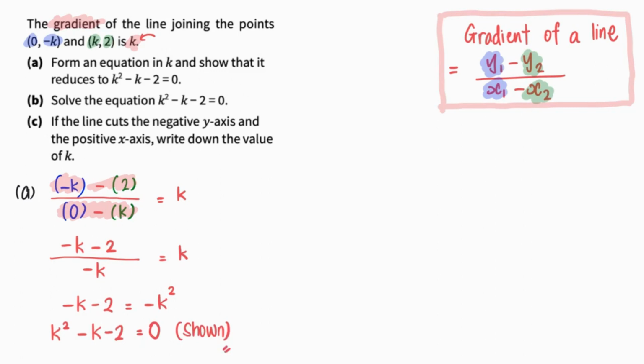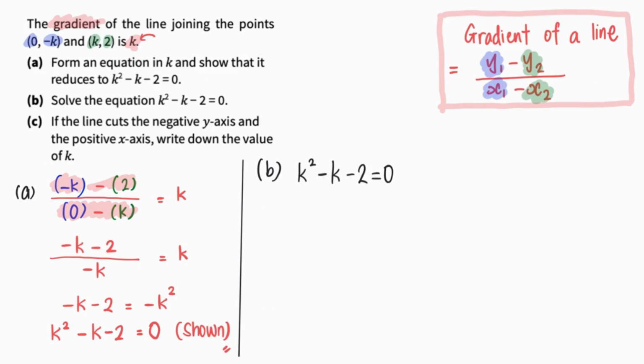Let's move on to part B, where we will then need to solve for this particular equation now. And so for part B, solving this will require me to factorize k squared minus k minus 2, this is equals to 0.